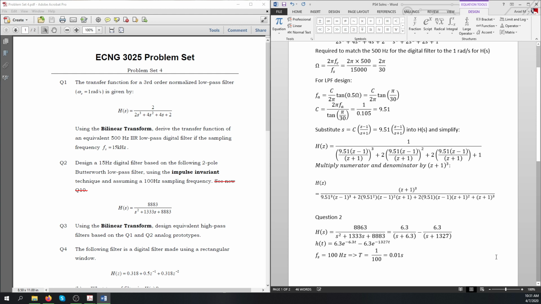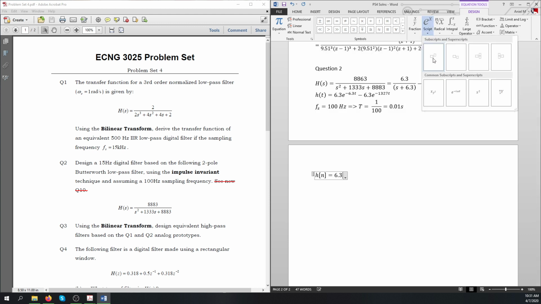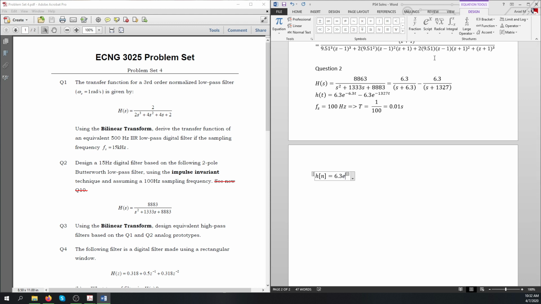Or if we wish to shortcut it, we could just say that h(n) is equal to 6.3, and everywhere we had t, we just put in nT, n capital T. So this is going to be 6.3 e to the minus 0.63n minus 6.3 e to the negative 13.27n.